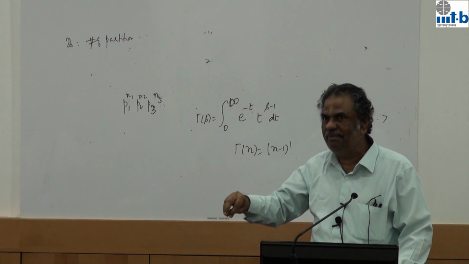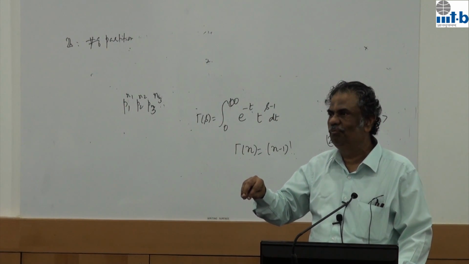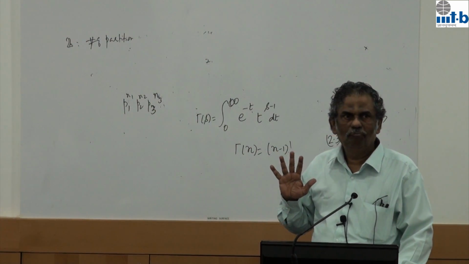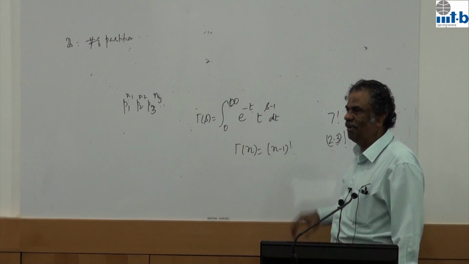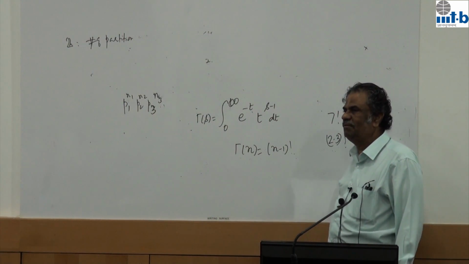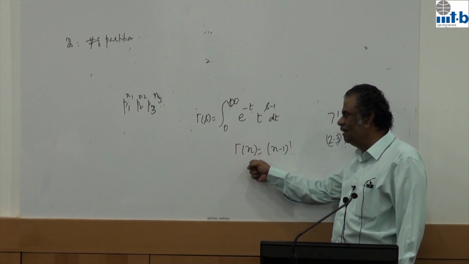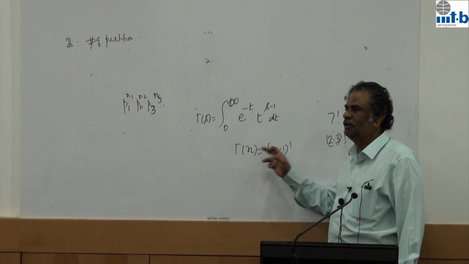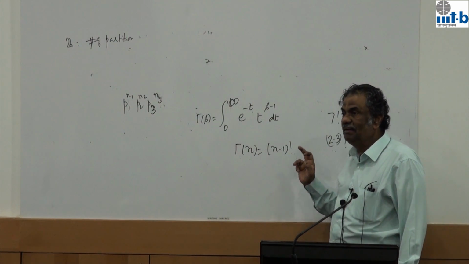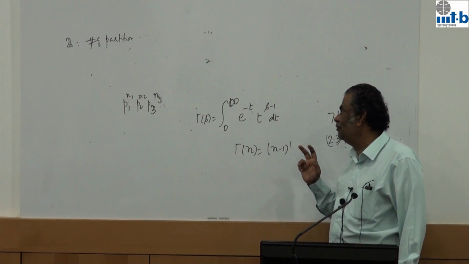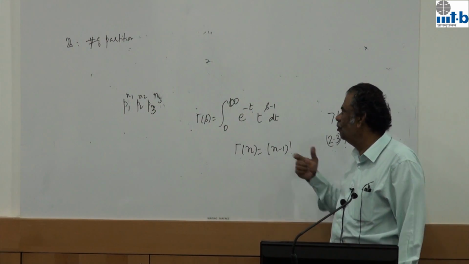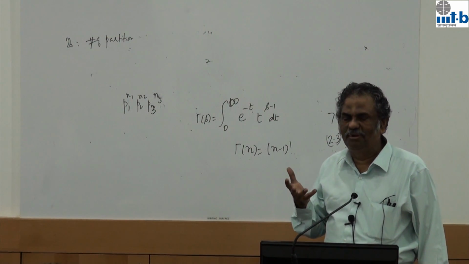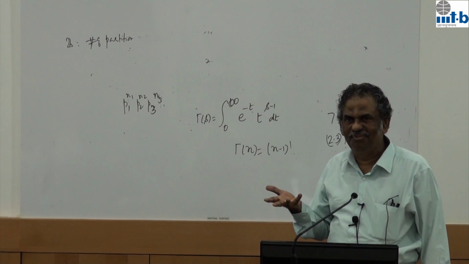Good. Therefore, the question is: is there a nice C infinity function, a nice continuous function, which would coincide with n factorial on the integers, but which is defined for all real numbers? And then he came up with this function, gamma s, which is the integral from 0 to infinity of e power minus t, t power s minus 1 dt, and this gives a value for gamma n that is exactly n factorial. This is useful in the sense that, suppose I am interested in the same old question, how fast n factorial grows.